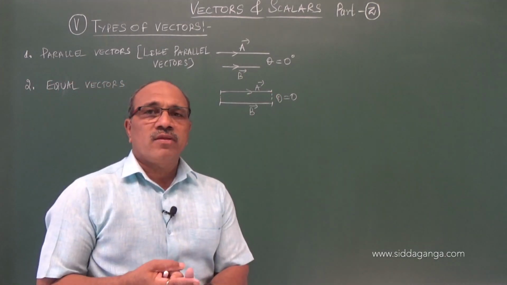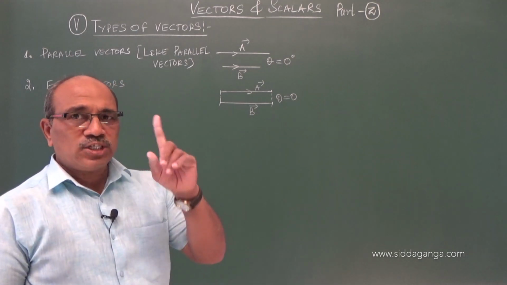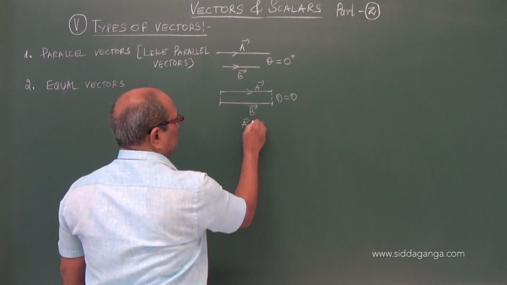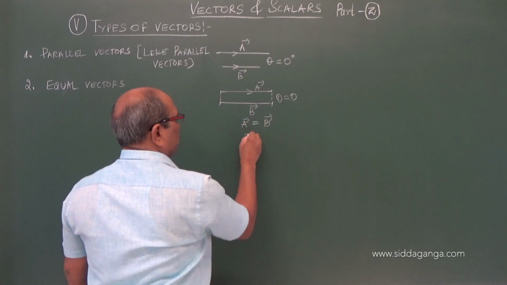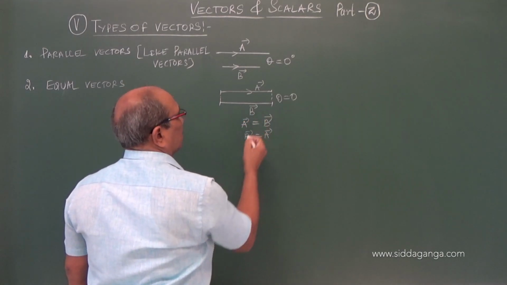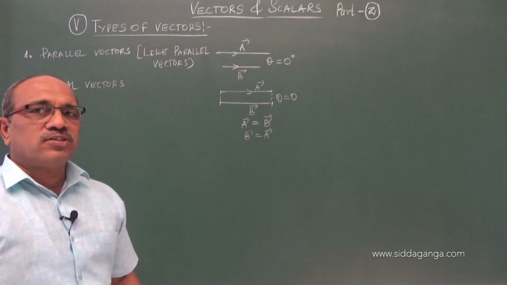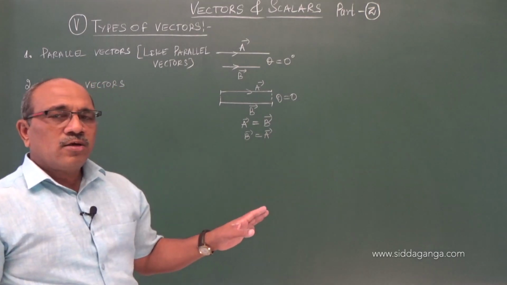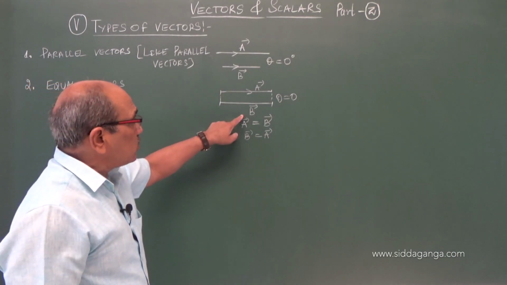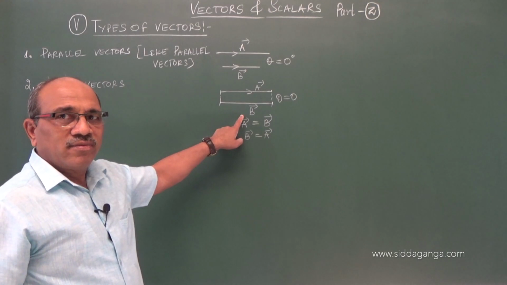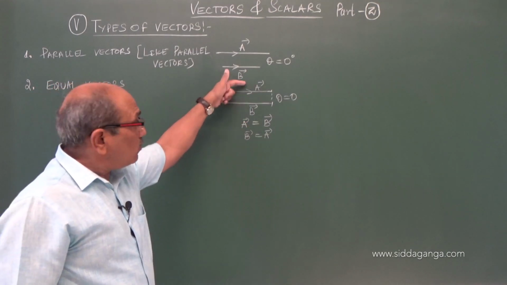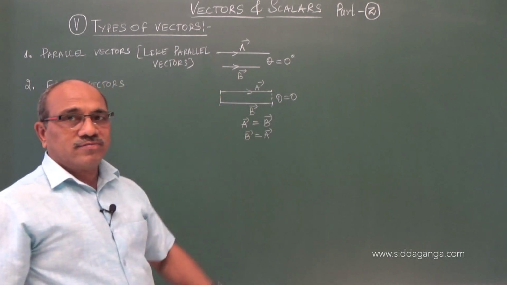Magnitude same, direction same, they must be parallel. Then I say vector A is equal to B, or vector B is equal to A. There is no difference. You can write A in terms of B or B in terms of A, because A is identical with respect to B. That is why they are also called identity vectors.